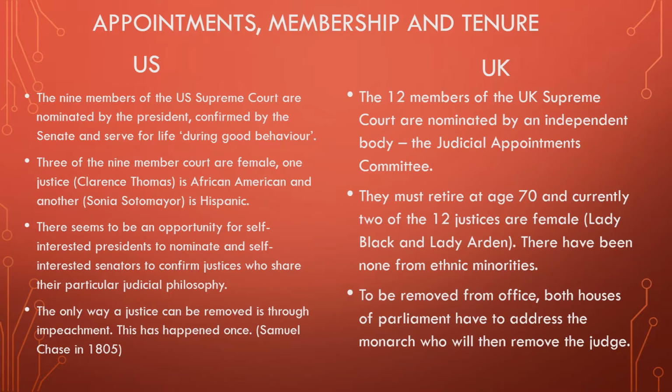The judges in the UK must retire at age 70, and 2 of the justices are female, Lady Black and Lady Arden, and there have been none from ethnic minorities in the history of the Supreme Court, the 11-year history.